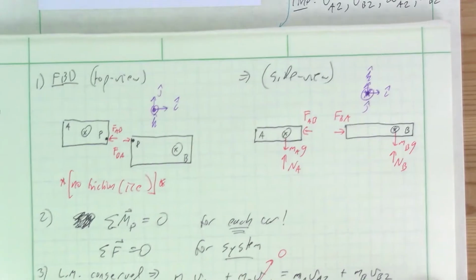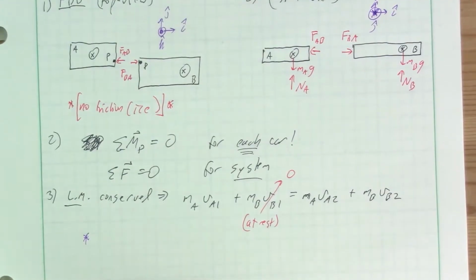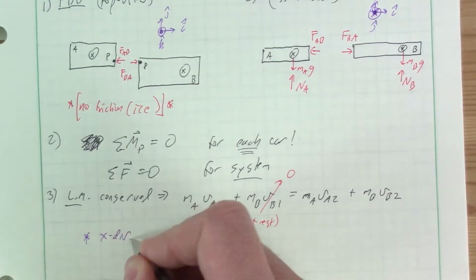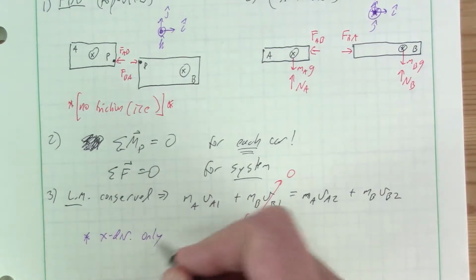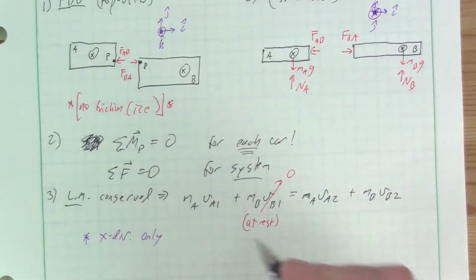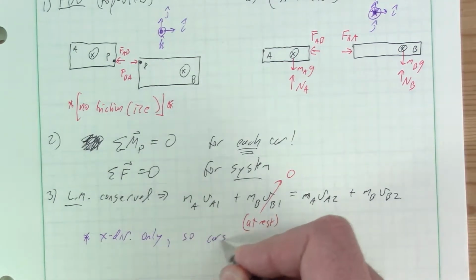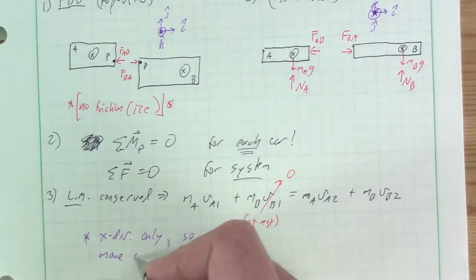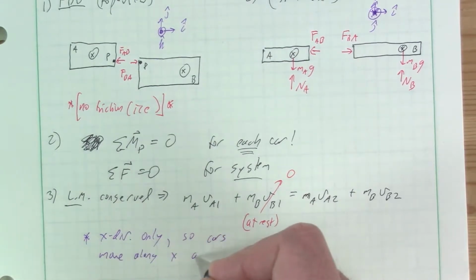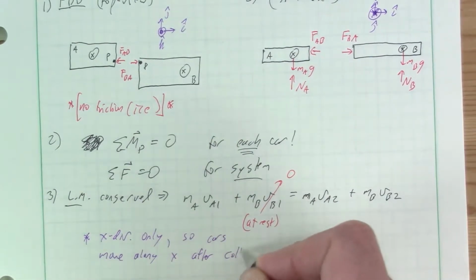Okay. So it's hard to do these right-hand rules on these videos. All right, so we have x direction forces only here, at least on this plane, and so cars move along x after the collision.